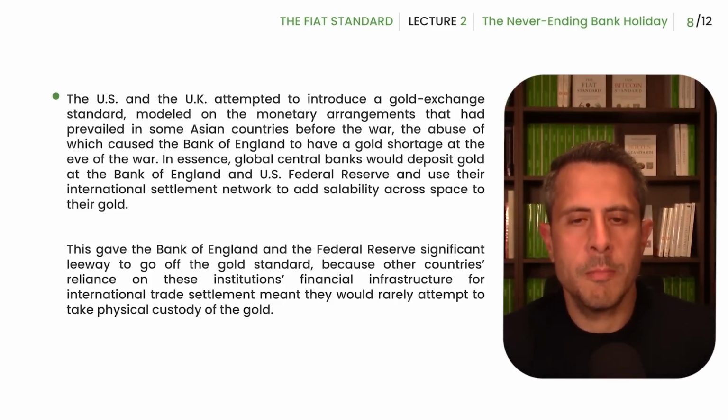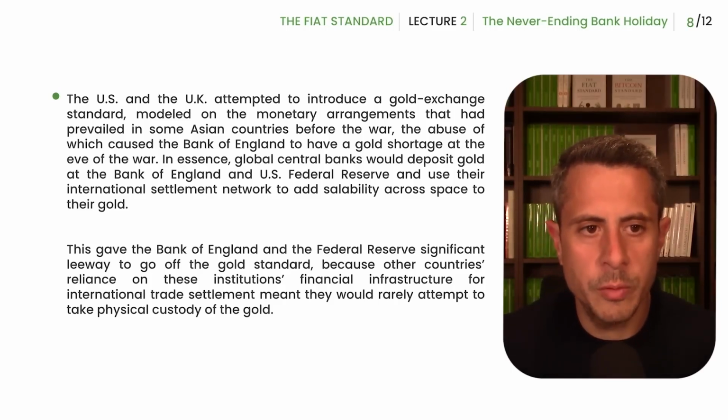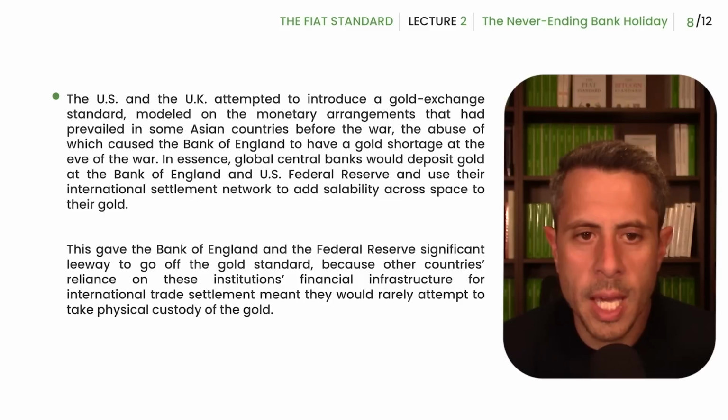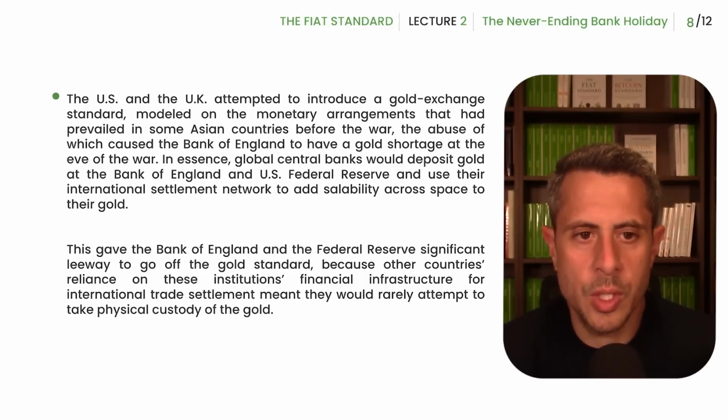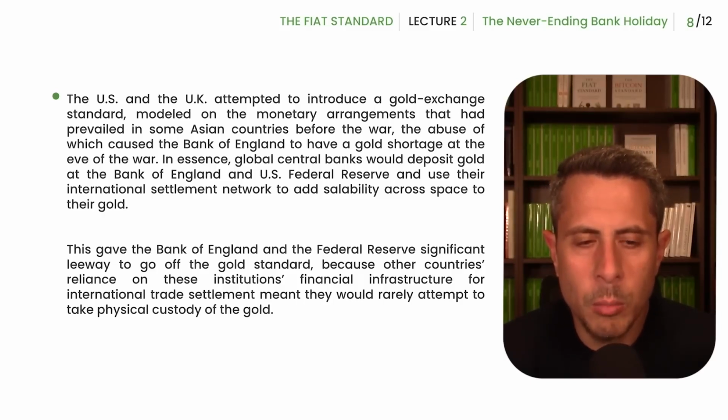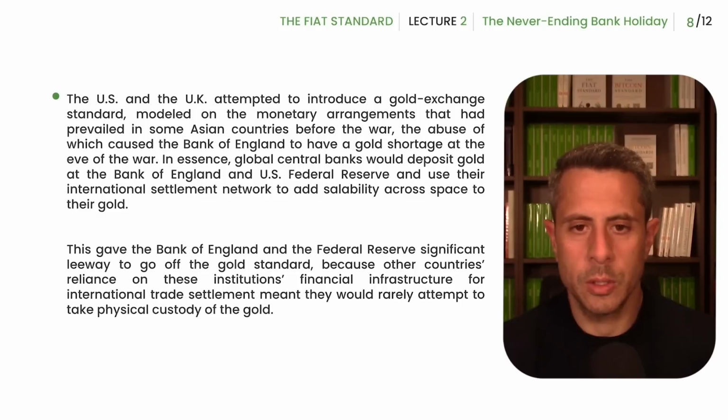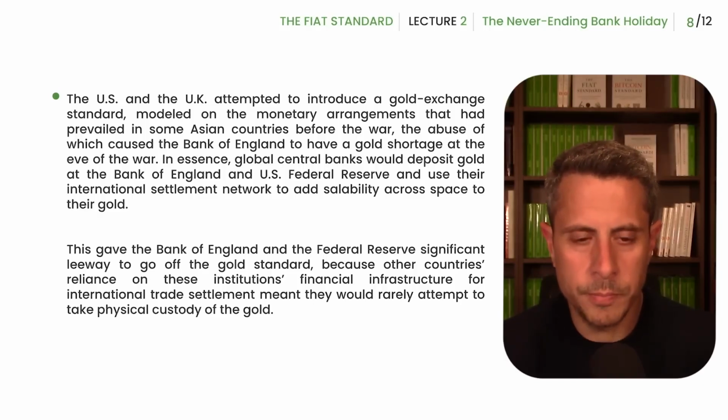So another way of trying to solve this problem was that the US and the UK attempted to introduce a gold exchange standard modeled on the monetary arrangements that had prevailed in some Asian countries before the war, the abuse of which caused the Bank of England to have a gold shortage at the eve of the war.